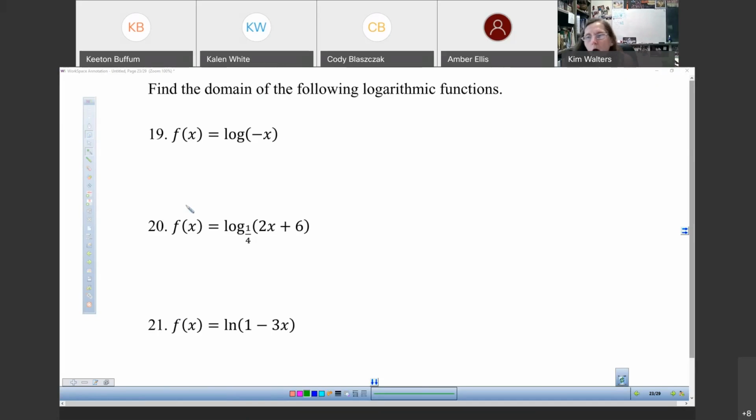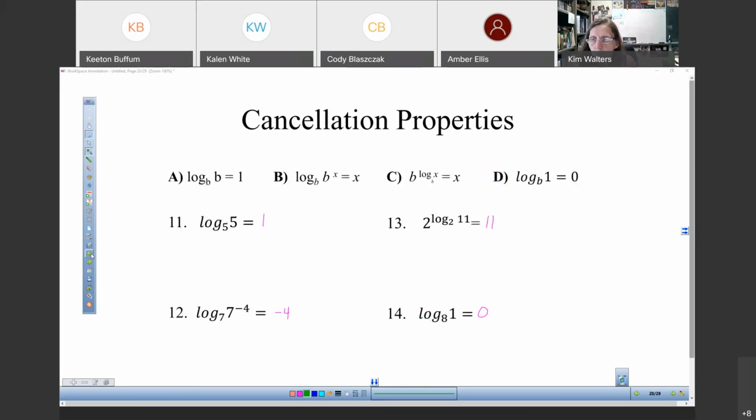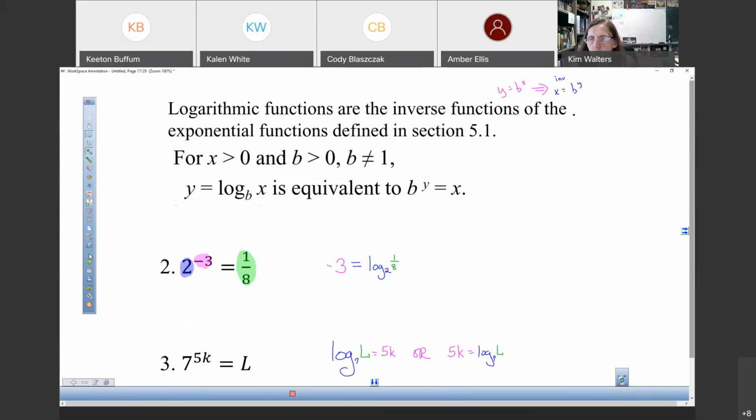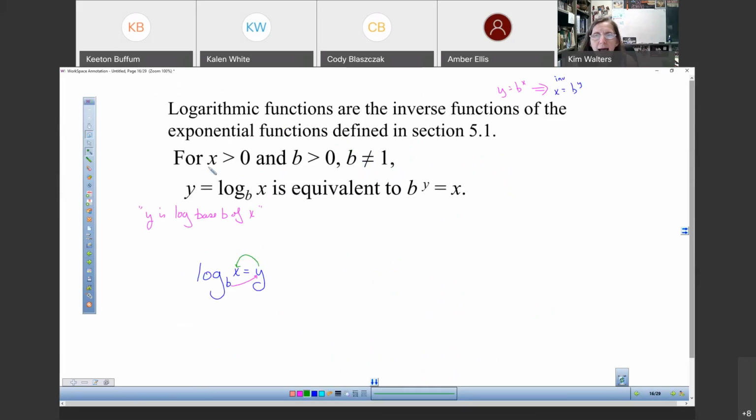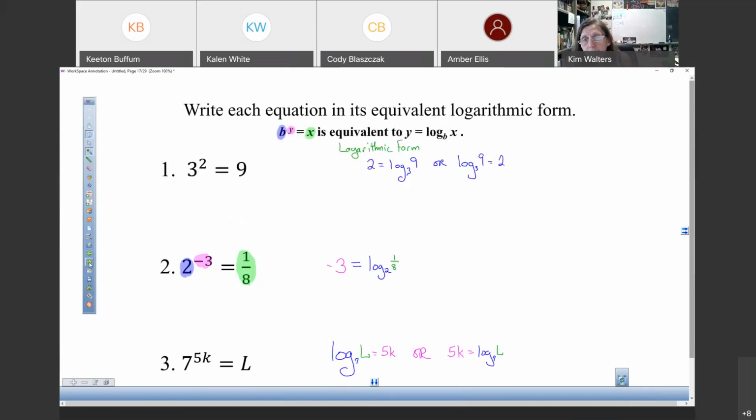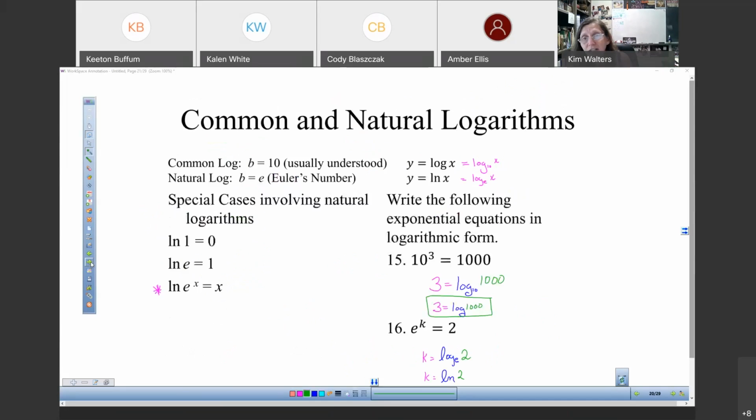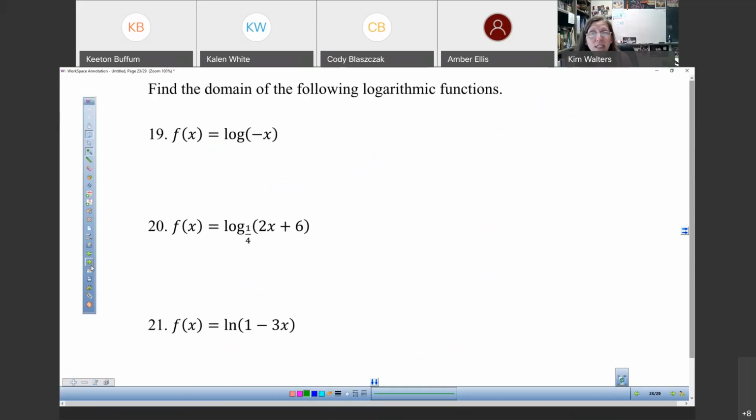So if you recall, and I know you're going to hate me, but I'm going to go back to this real quick here. When we first introduced logarithms, I told you that x had to be greater than 0. That's because the range for my exponential function was everything greater than 0. We're just flip-flopping these things. The important thing is that you can't take the logarithm of a negative number.